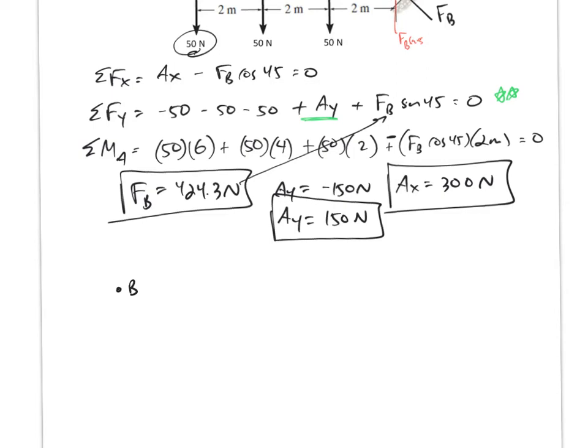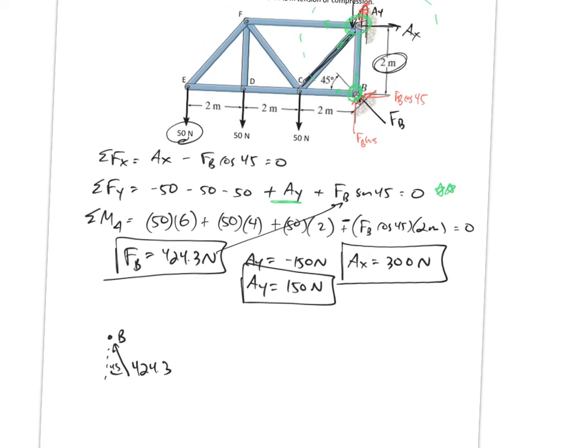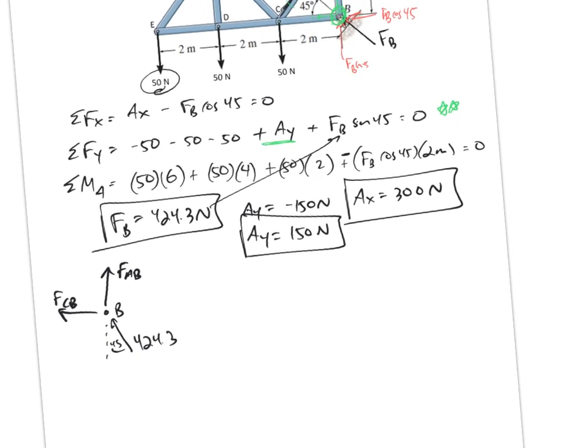I have that FB, 424.3 at a 45-degree angle. And then, let's go back up here, I've got force in AB going straight up, and the force in CB right there.